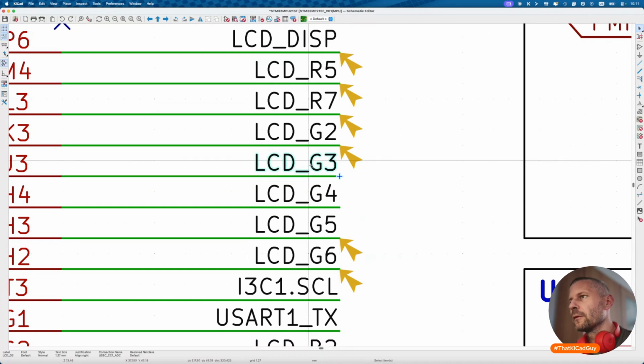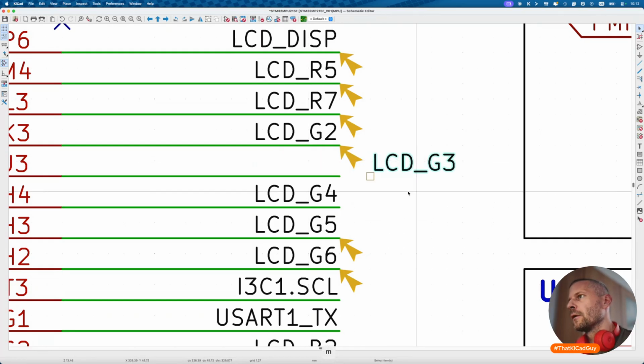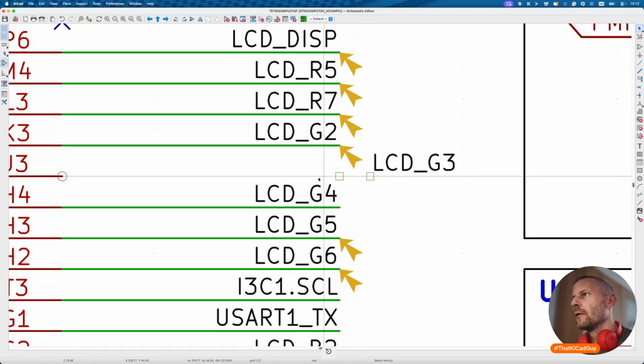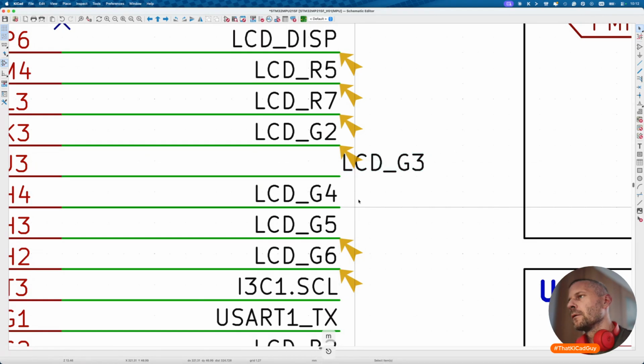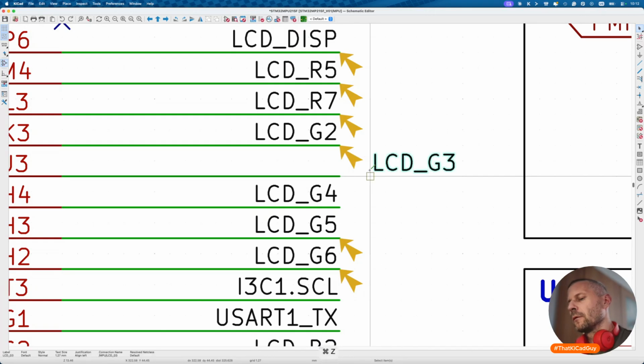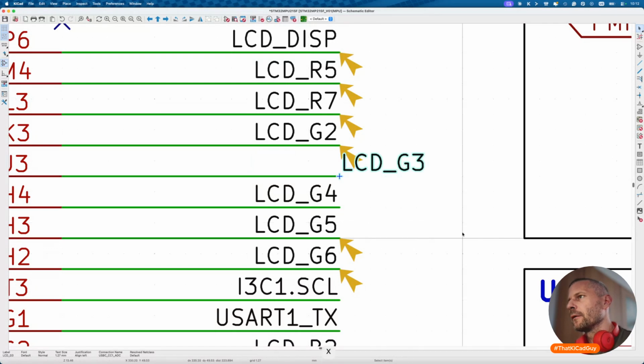What? Yeah, it's still there. What did I do last time? That I mirrored the label.